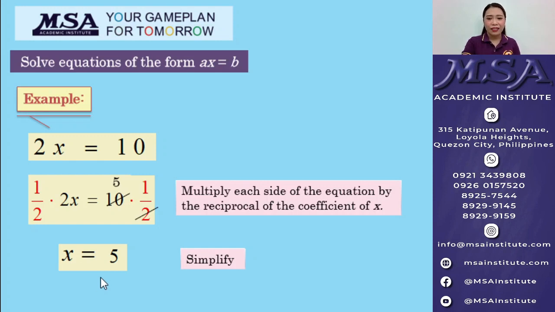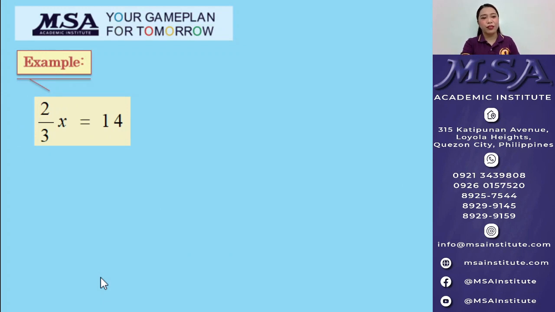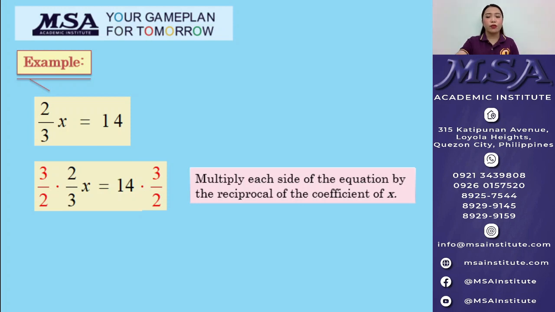Alright, let's have another example. Let's say we have 2/3 of x is equal to 14. So again, multiply each side of the equation by the reciprocal of the coefficient of x. The coefficient of x here is 2/3, and the reciprocal of 2/3 is 3/2. So we need to multiply both sides of the equation by 3/2.